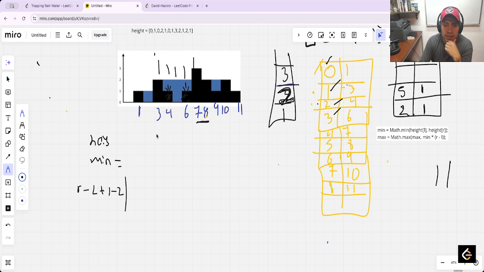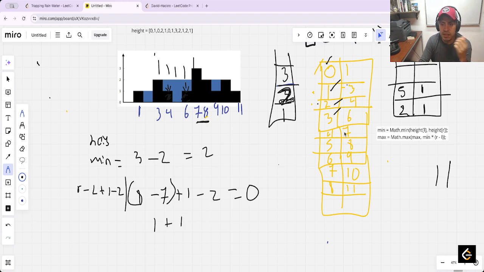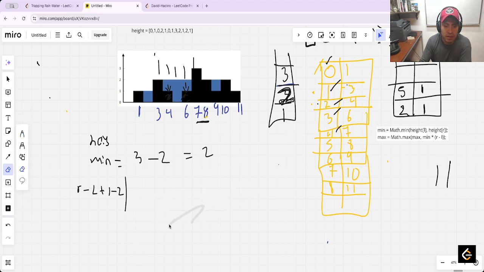The min is 2. Basically it is 8 less 7 plus 1 less 2. The result is 1 plus 1 is 2, less 2 is 0. Makes sense. And it's checked. We don't save anything, and we still have the 3 as the greater value or the maximum height.